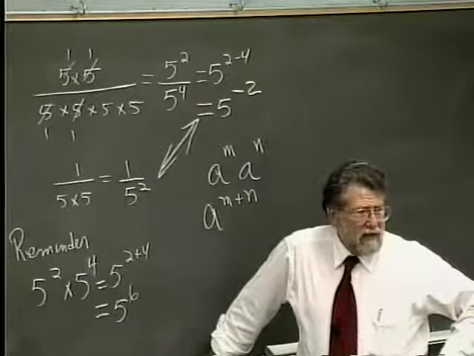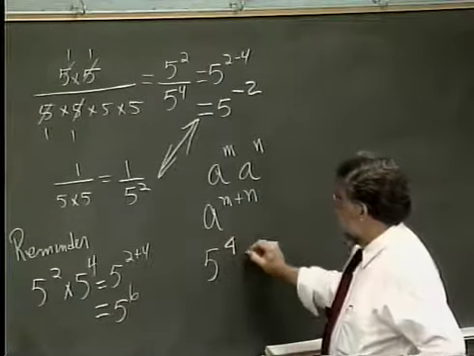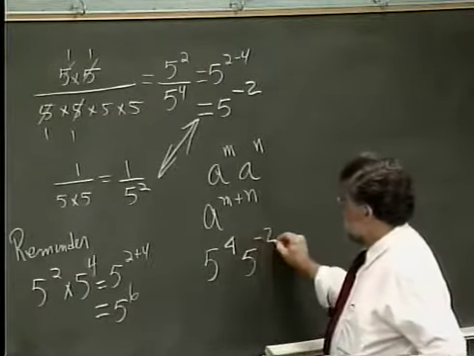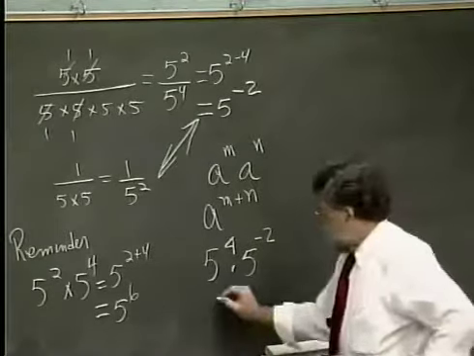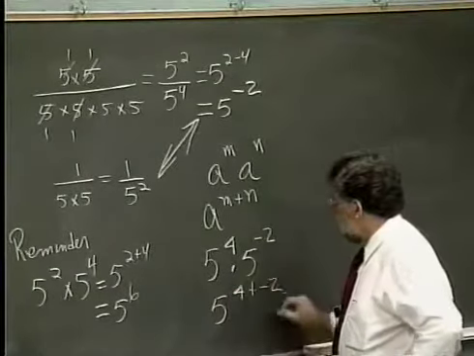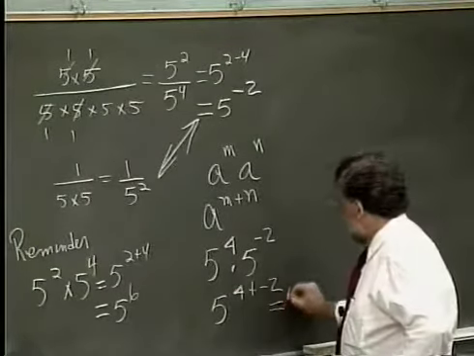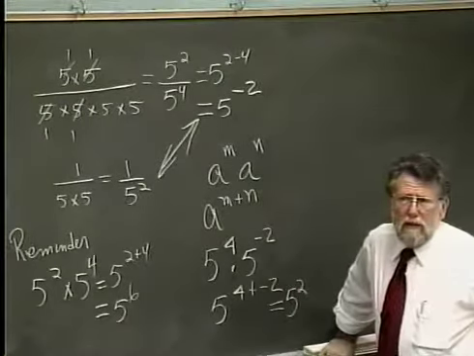So far we've limited things. But then the question, what happens if you had 5 to the 4th times 5 to the minus 2? And the answer is going to be, add the exponent still, 5 to the 4 plus negative 2, which is 5 to the 2nd, and that would work.